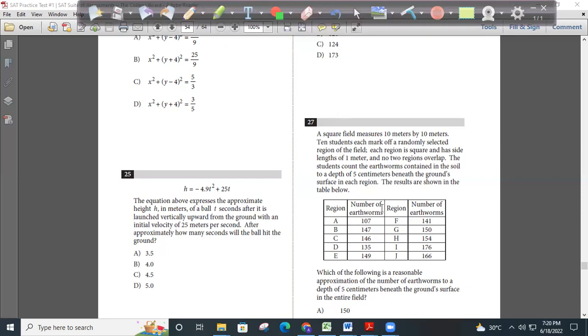Simple. Think, reread the question. If you think you don't know, you can reread the question. After approximately how many seconds will the ball hit the ground? There is no high level mathematics in this, just basic mathematics. Think, please read the question. They gave an equation. They're describing the equation in the initial two sentences. Then in the third sentence, they're asking after approximately how many seconds the ball will hit the ground.